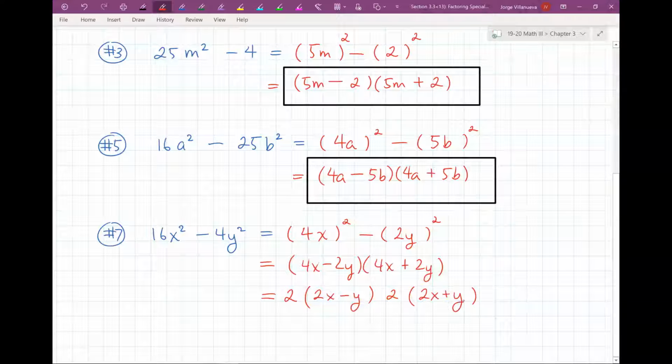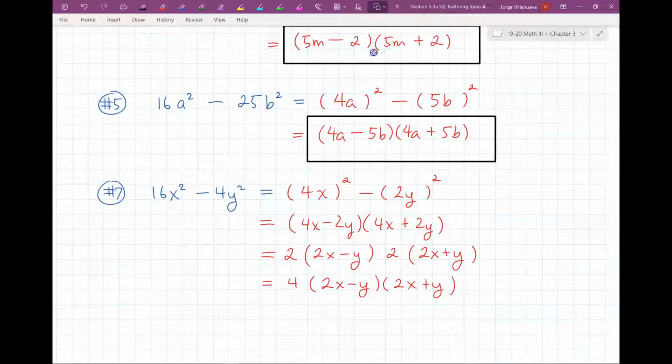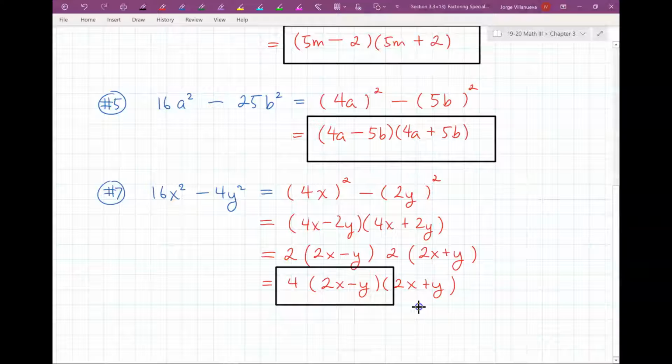And then 2 times 2, that's 4. And this is actually the correct answer. Okay, that's what the answer was supposed to be. Okay, with a 4 in the front, and then the 2x minus y, 2x plus y.